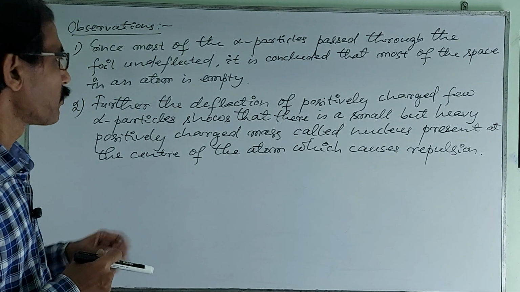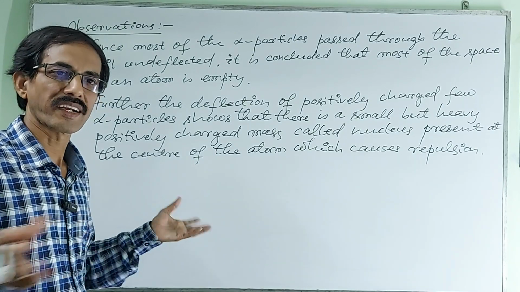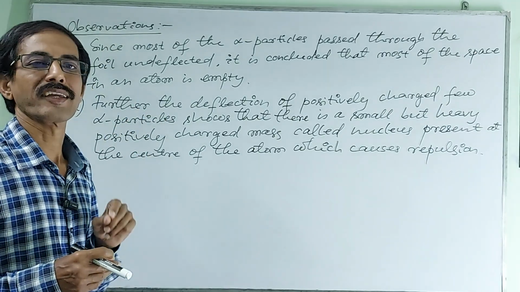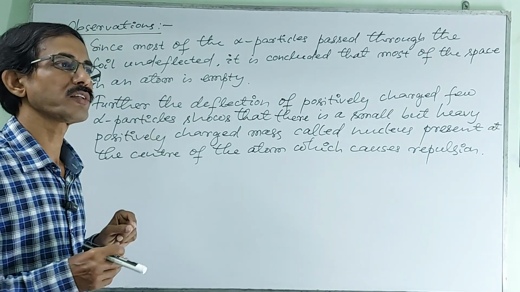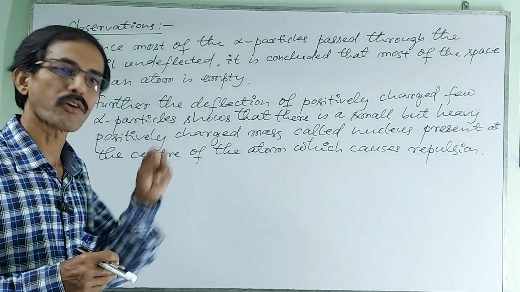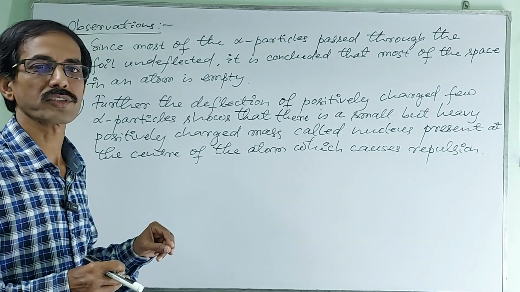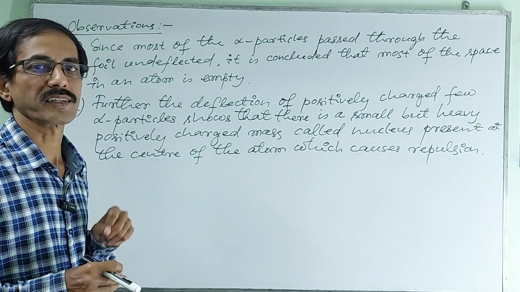So the deflection of a few alpha particles through wider angles proves that there is a tiny but heavy positively charged body, called the nucleus, present at the center of the atom, which causes repulsion to the positively charged alpha particles.